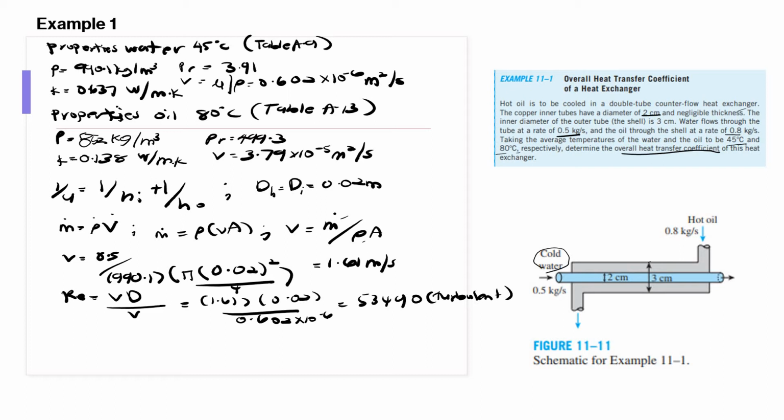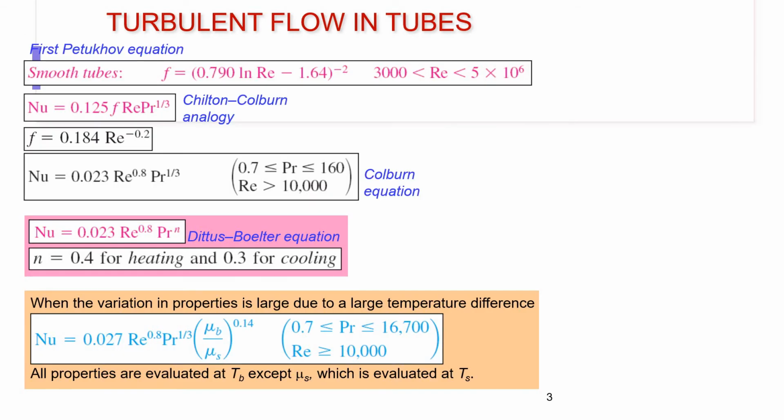Now for turbulent flow in tubes, we can refer to this formula. For your information, the first Petukhov equation refers to a smooth tube. For this condition, we can use the Dittus-Boelter equation.